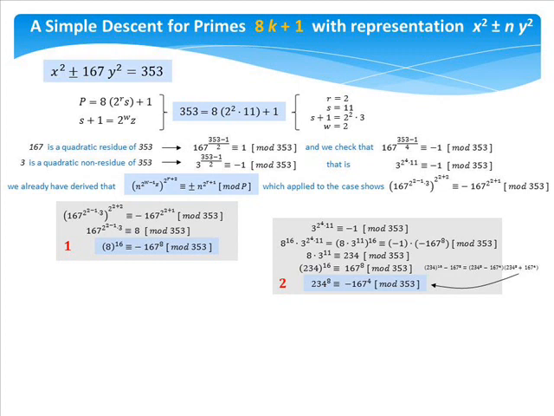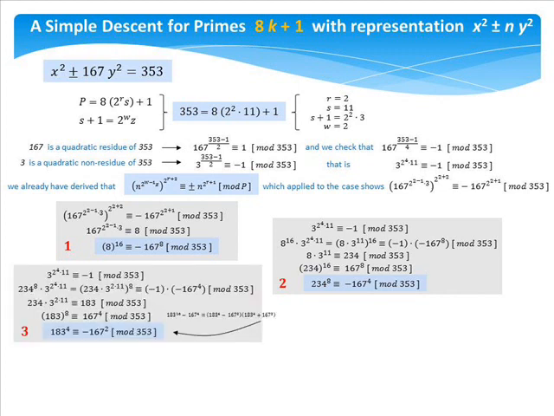As we can factor this difference, we check that 353 divides 234 raised to 8 plus 167 raised to 4. In the third step, we repeat the procedure, combining the outcome of the second step with a congruence involving 3 as a quadratic non-residue. Consequently, we determine that 353 divides 183 raised to 4 plus 167 squared.